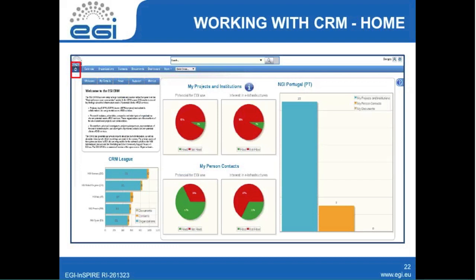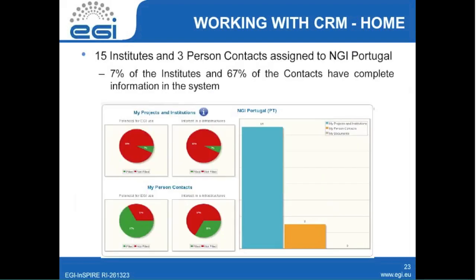Let's try to explain what is shown on the home page. The most relevant things are these two graphics, which I will explain in a bit more detail. The circular graphs on the left show the number of items in the system which have incomplete information.